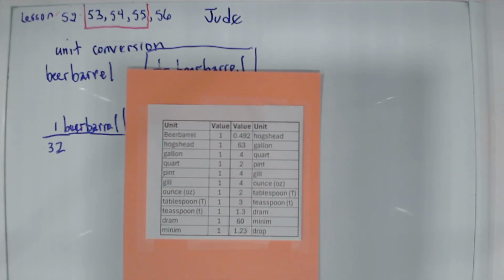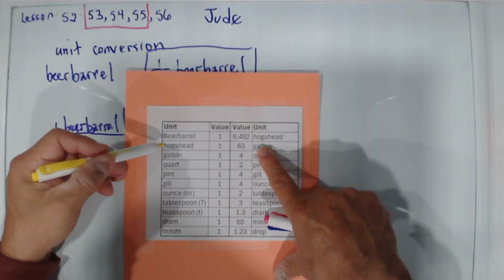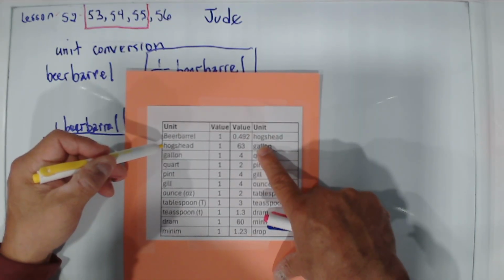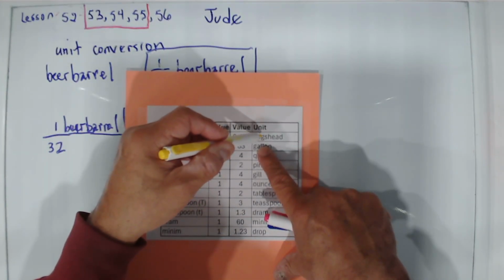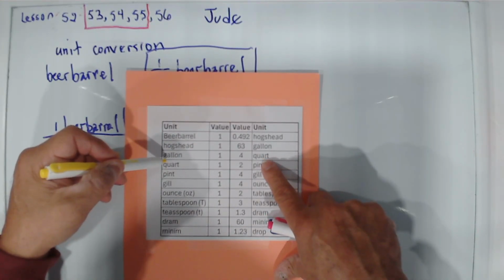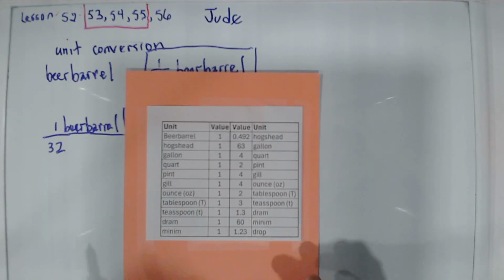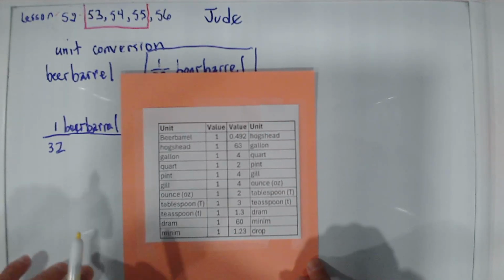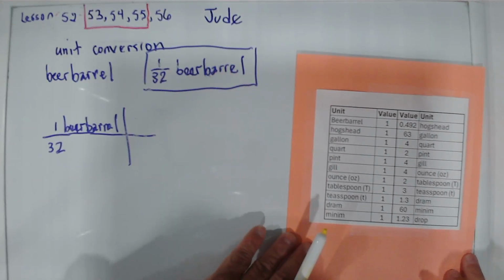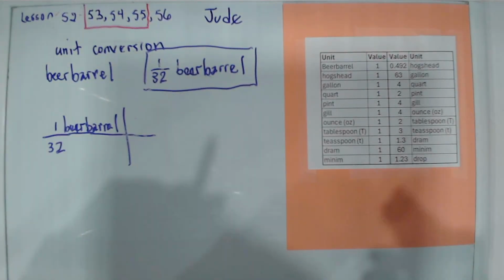Now, if you look at it, what do I have? I have beer barrel here, and we can convert it to hogshead. And hogshead we can convert to gallons, gallons to quarts. Okay, good. We have a path forward. So let's write that down. Well, actually, I'll just keep it right here on the side so we can reference it when we need to.